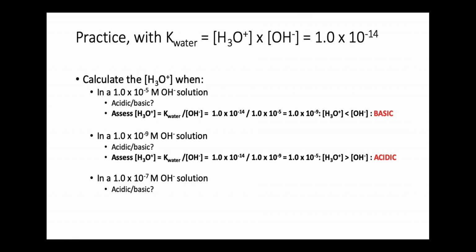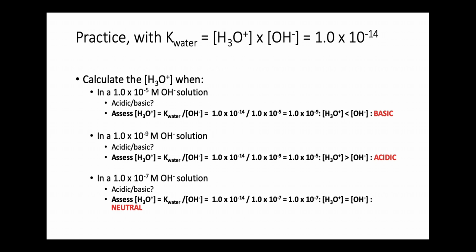Finally, when the OH- is 1.0 times 10 to the negative 7, is it acidic or basic? We calculate H3O+ again, and you'll find H3O+ is the same concentration, 1.0 times 10 to the negative 7. So now my concentration H3O+ is the same as OH-. That means I have a neutral solution.